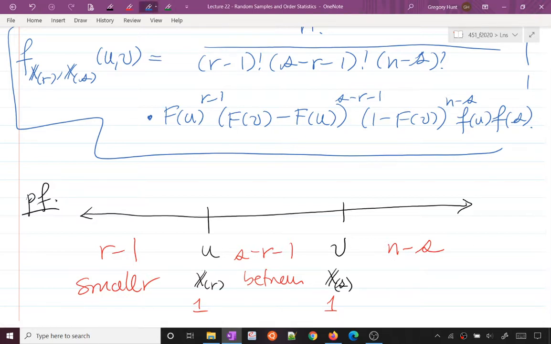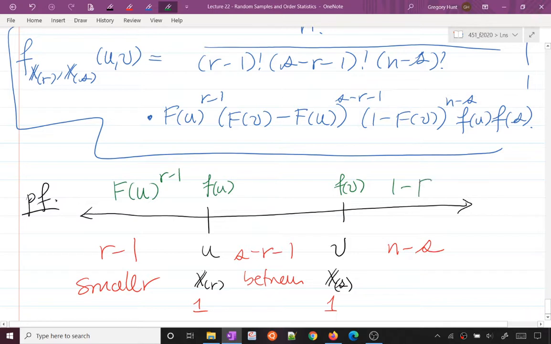We could play the same kind of game with the limiting arguments, and the density is going to work out where we have a component of the density of one of them being at u, one of them being at v, and then r minus 1 smaller than u, so we get F(u) to the r minus 1, n minus s of them bigger than v, so that's (1 minus F(v)) to the n minus s, and between, the probability between u and v is F(v) minus F(u), and how many do we have between?